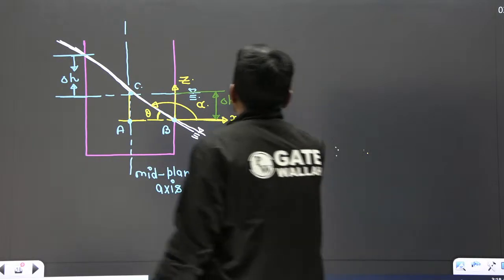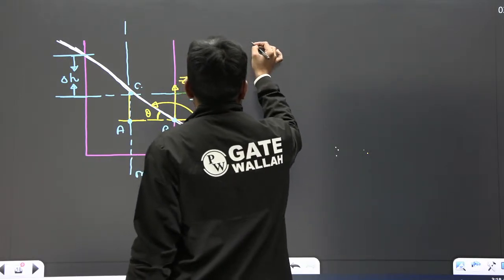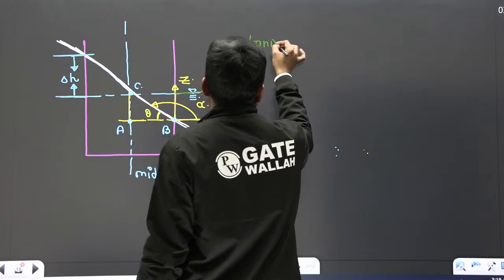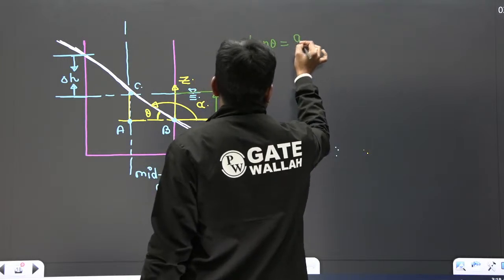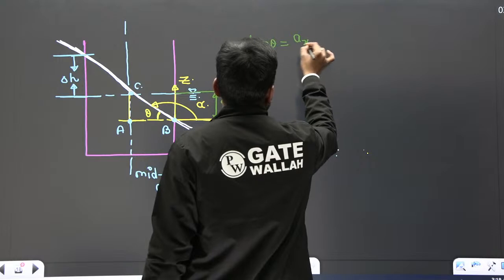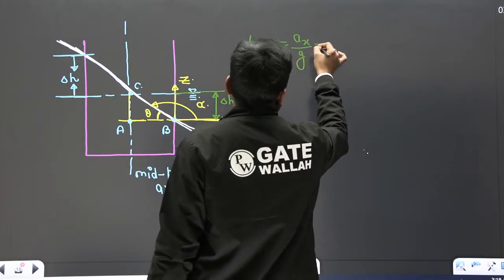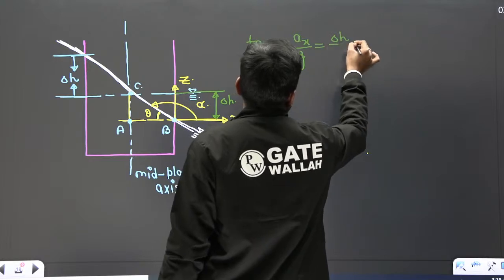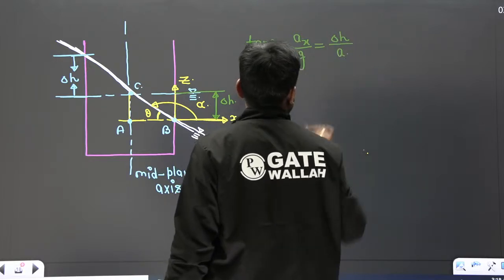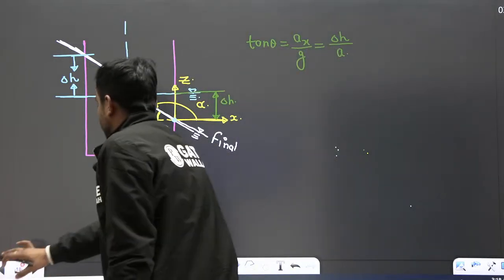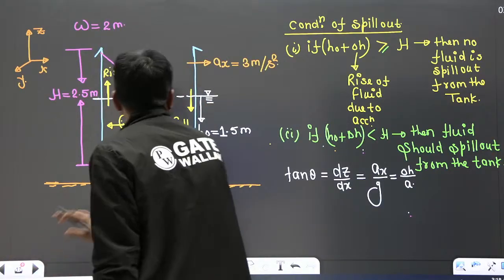Clear? So delta H, we can calculate from tan theta. Tan theta, we know, is ax by g, and that is delta H divided by a. And we know the value of ax. ax is given as 3.